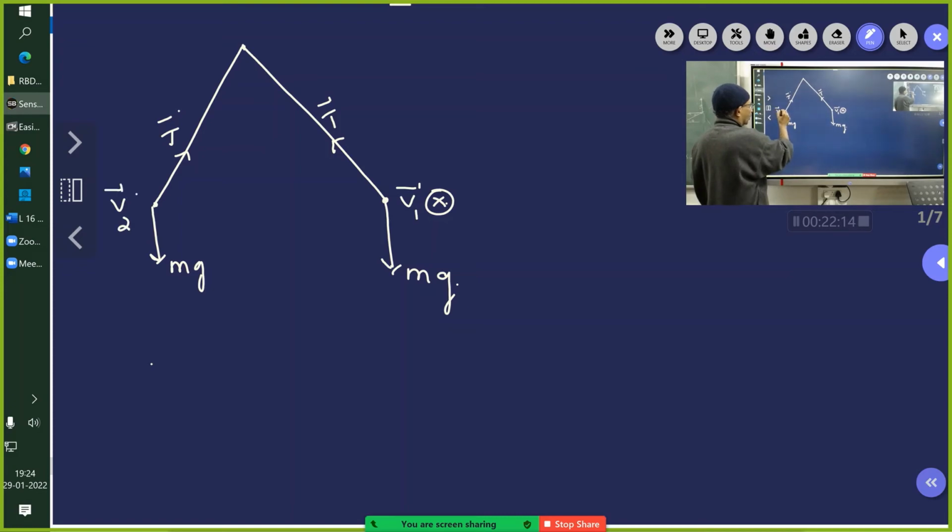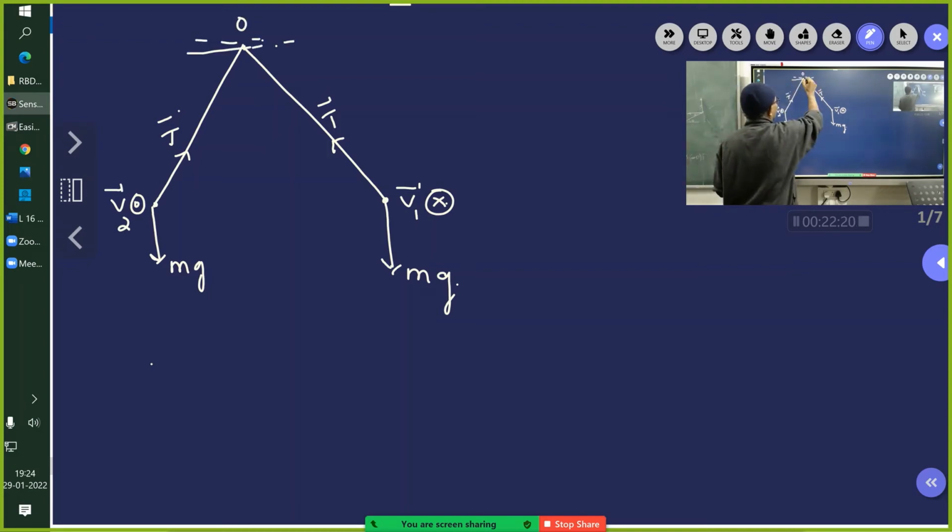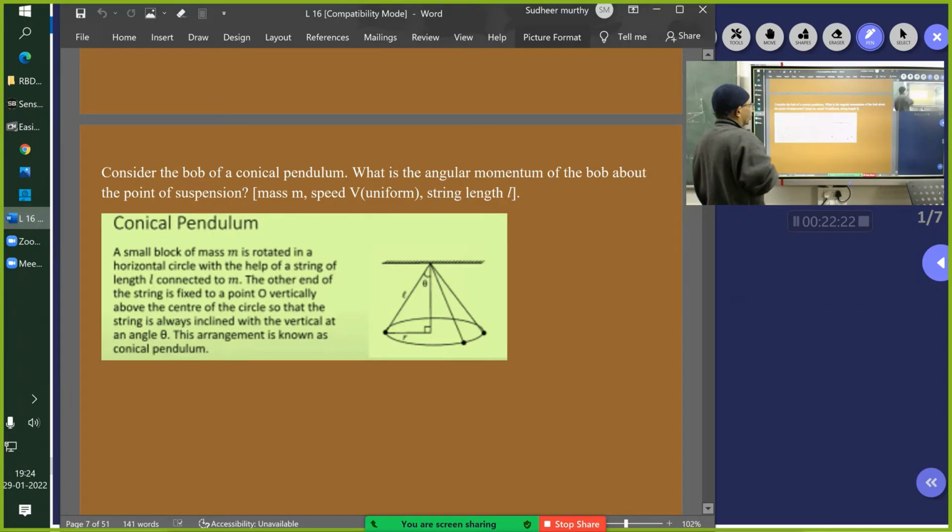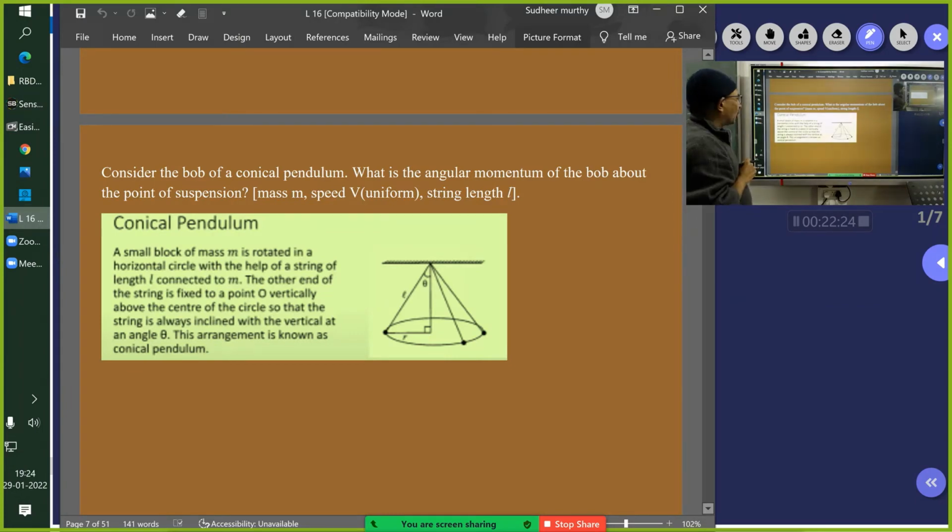Only angular momentum. They ask you what is the angular momentum about the point of suspension.